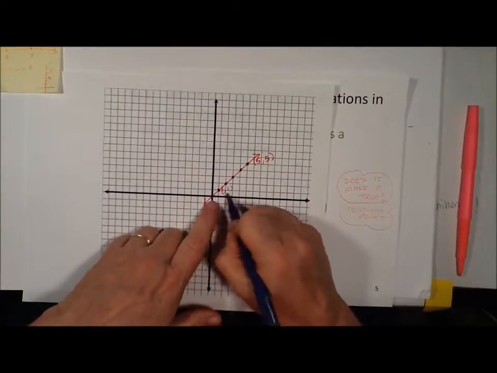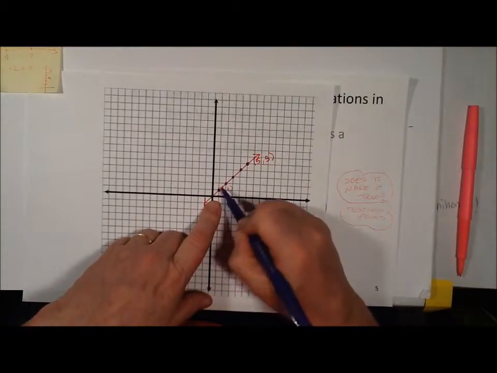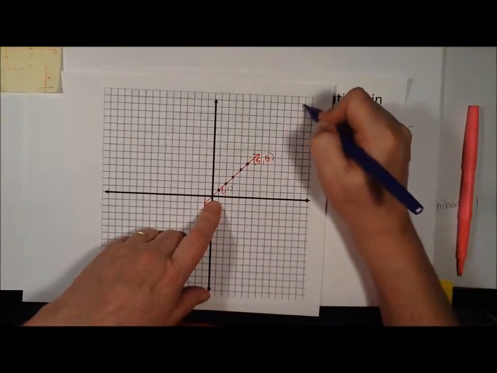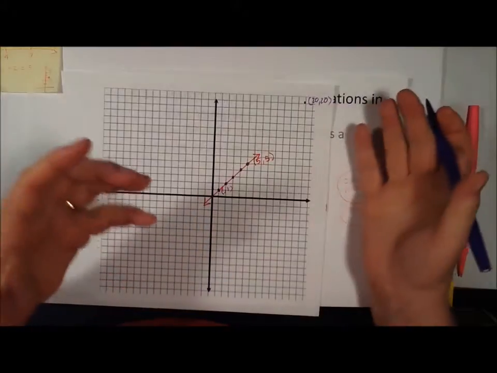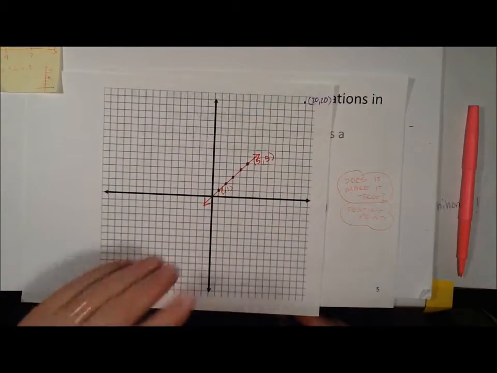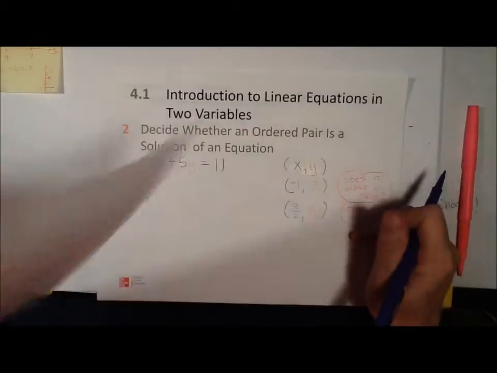Each of these has the same relationship. So just like this was 1 and 1, and this was 5 and 5, I could come up here to 20, 20, and the relationship, the proportion would always be the same. And don't worry, I'll explain a little bit more about that later. I just wanted to plant the seed.